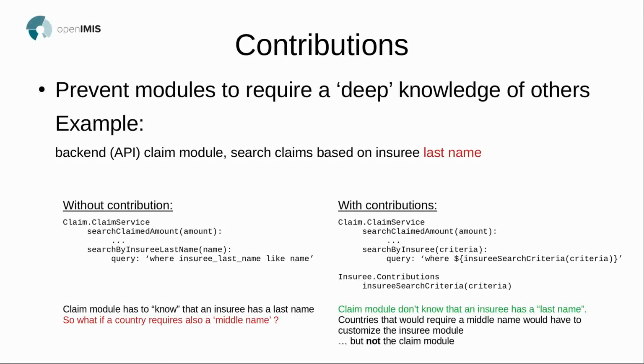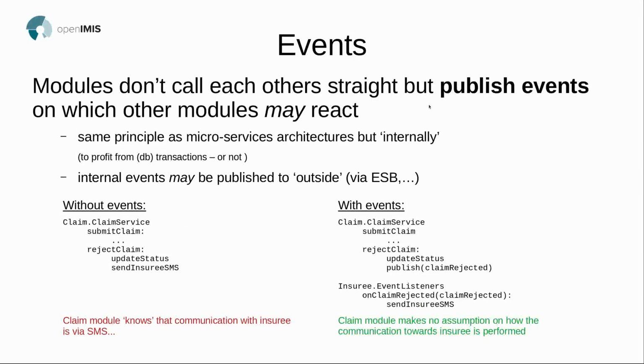Let's have a look now at the second major principle within openIMIS architecture, which are events. With events, modules don't call each other straight, but they publish events and the other modules may react on those events. So it's the exact same principle as the microservices architecture, but here it's used internally.